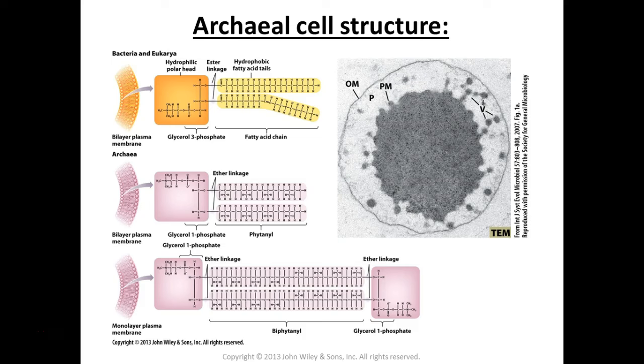Two of these things are alike and two of them are not. They're different, right? That's what's important here, is they're different. One is an ether bond and one's an ester bond.